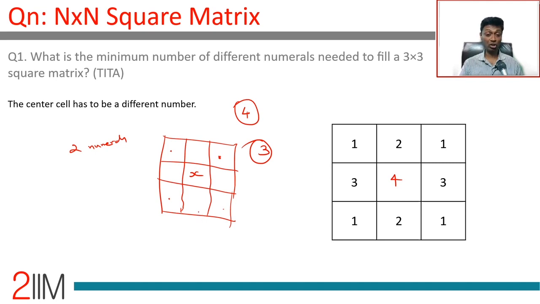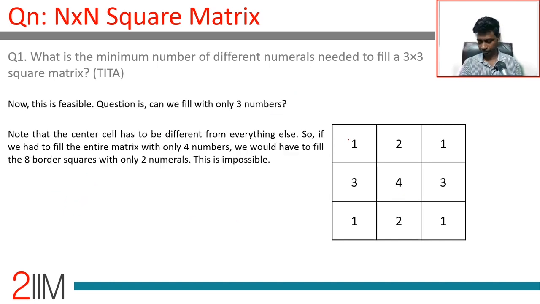But only in this combination do we get 4. 8 cells and 2 numerals. So we need to have 4 each. 5 is impossible. 4 each is impossible. So 3 is not possible. 4 works. We know 4 works, which is kind of making sure of that. So wonderful question. We're getting a hang of this. We can do this with 4 different numerals. Let's go on to the next one.